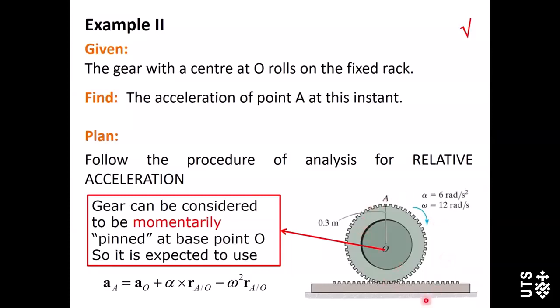So in this problem, we already know alpha, we already know omega of this gear. And the target is the acceleration of point A here.